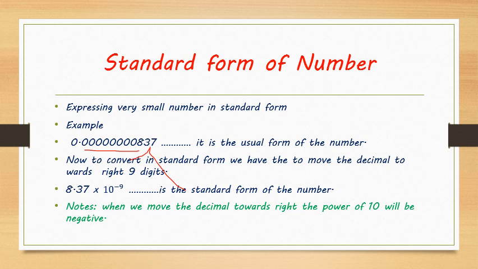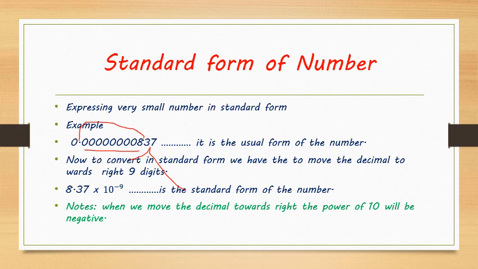Now to convert this to standard form, we have to move this decimal to the right of the first digit. So how many places do we have to move now? 8 plus 1, that is 9. 8 zeros are there, and then the 8 will be there. So we have to move 9 digits, but we have to move to the right side.